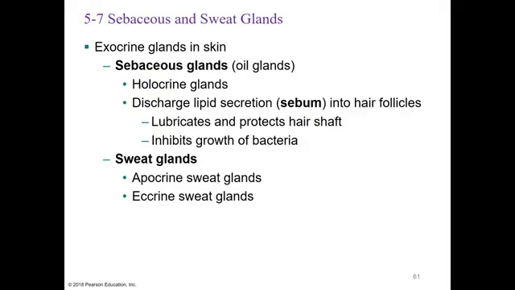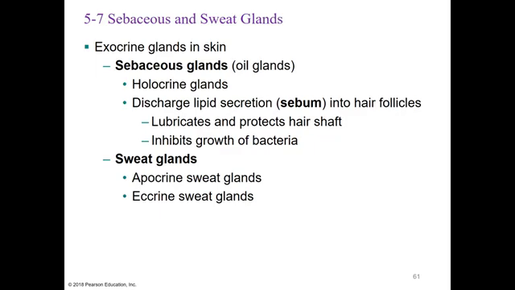They open up and spill out their contents with the product. These glands discharge a lipid secretion, which is known as sebum, that's the oil, either onto hair when they are associated with hair, and that will help to protect the hair and also inhibits growth of bacteria.